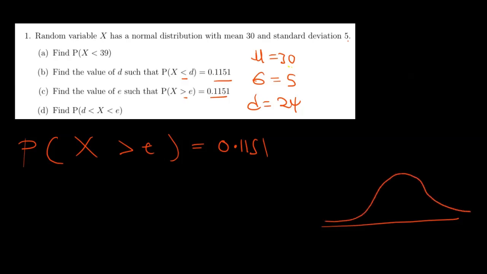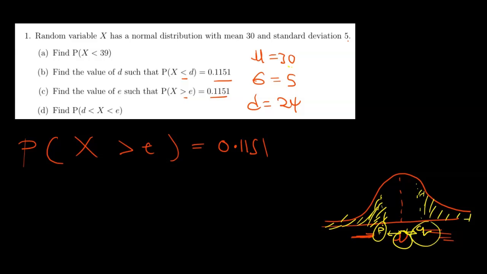If this is the mean, the part that we have on this side is equal to the part on that side. So if I have a certain number here, say p, and there it's q, and q and p are the same distance from the mean, then the probability that z is less than p and the probability that z is greater than q are going to be the same.